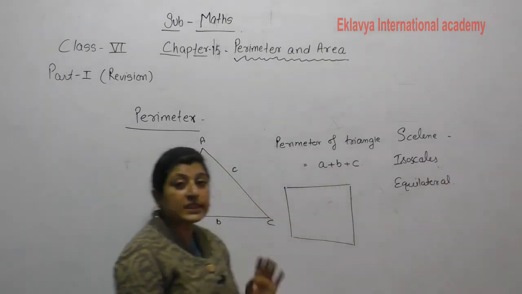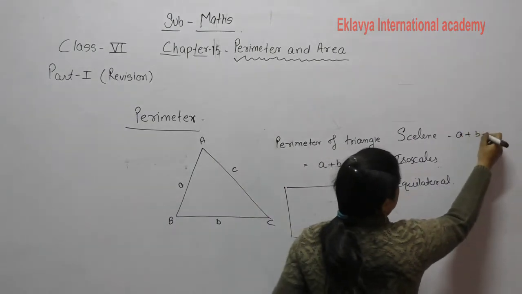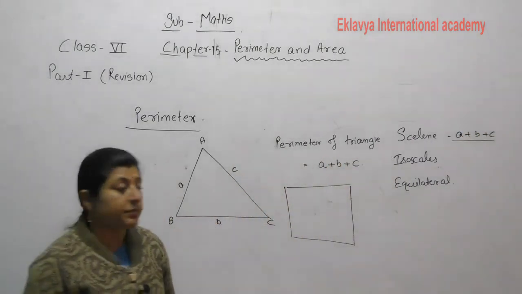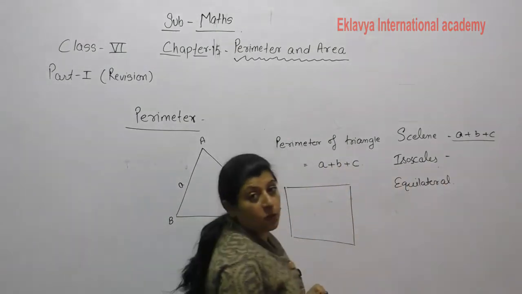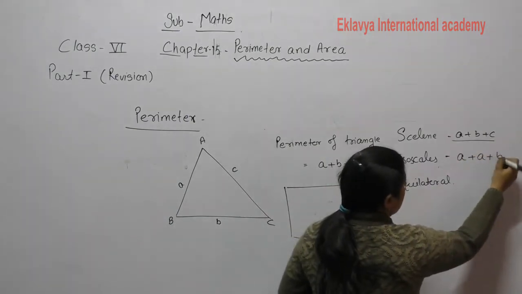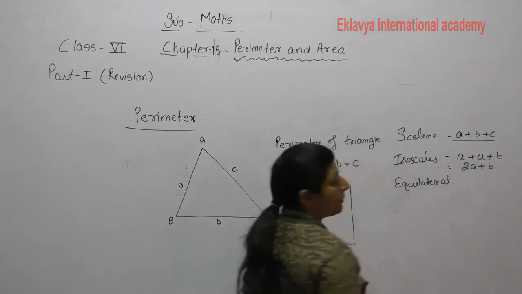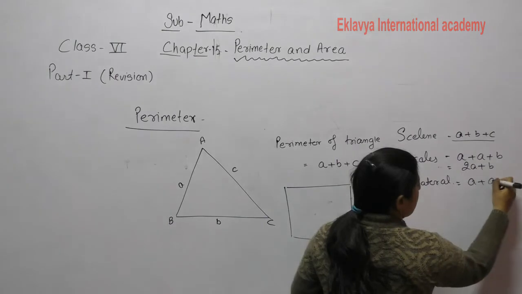Scalene, all the sides are different, it means all the sides like A, B, C, then perimeter is equal to A plus B plus C. Isosceles, any two sides are equal. Suppose I take two sides A equal, then this becomes 2A plus B. Equilateral triangle, all the sides are equal.